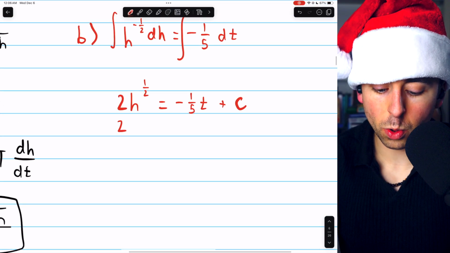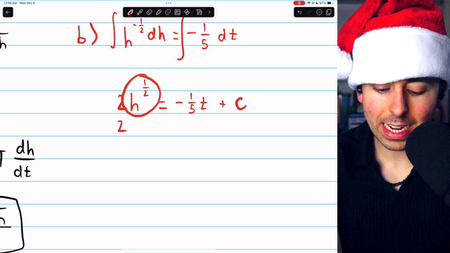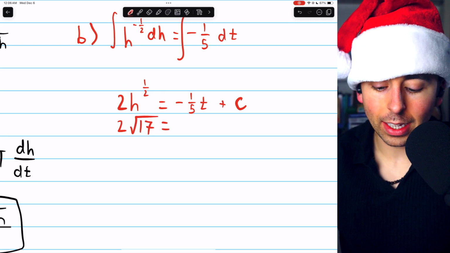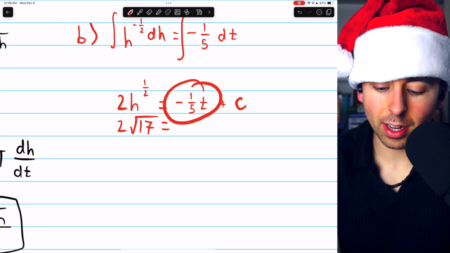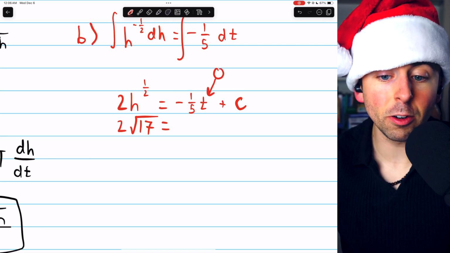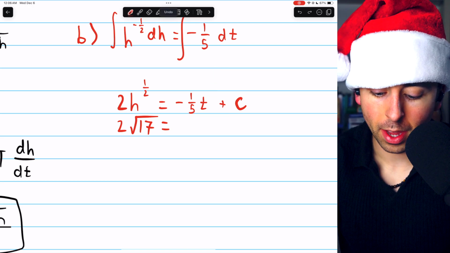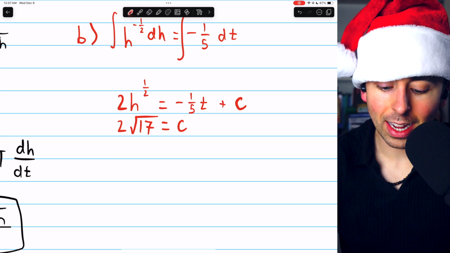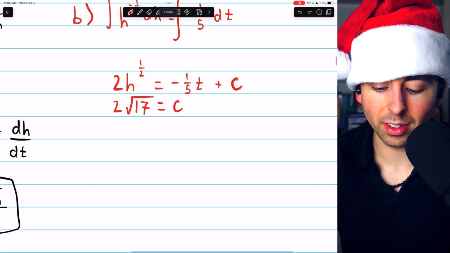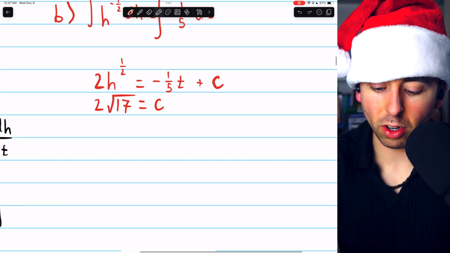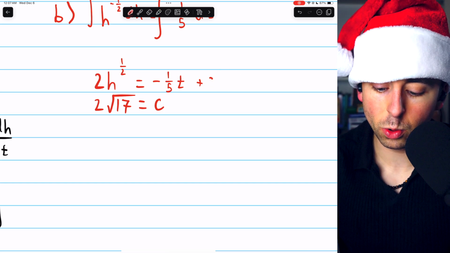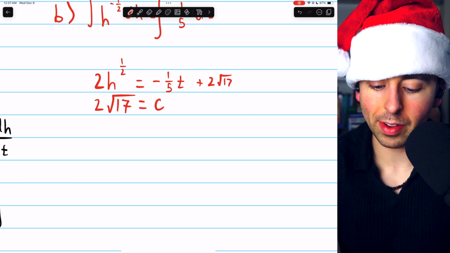We have 2 multiplied by 17 to the 1/2, which is the square root of 17, equals negative 1/5 times t, but we're plugging in 0 for t, so that's just 0, and this equals c. So there we go. That's the arbitrary constant. It's 2 times the square root of 17. So I guess we'll just go ahead and replace that c right now. Let's write this as plus 2 times the square root of 17.